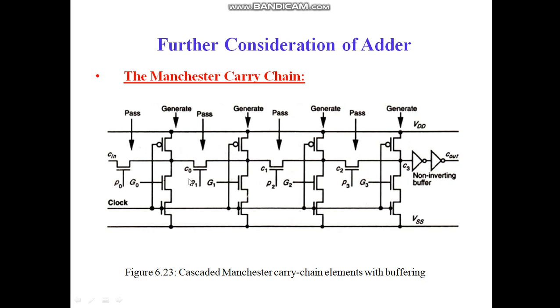Here you are using pass transistors, and we have already discussed earlier that if pass transistors are connected in series, then the signal gets degraded. So we have to buffer the signal after 4 stages.